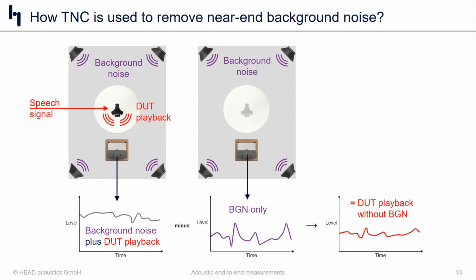The rule of thumb is that TNC needs to remove at least 30 dB of the unwanted noise. In this case, it's background noise, but 30 dB is the threshold, which means when we've done our time domain subtraction and we end up looking at just the device playback, if we assume that at least 30 dB has been removed, we essentially have enough SNR or resolution, in other words, enough confidence that what we're seeing here in the red trace only is truly the device playback with the BGN removed.